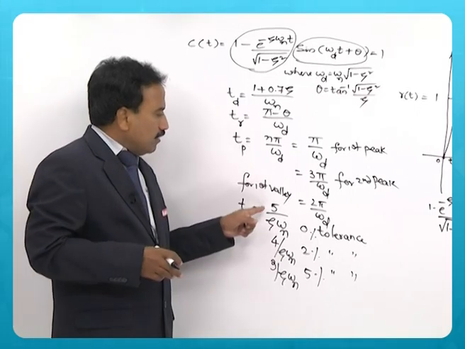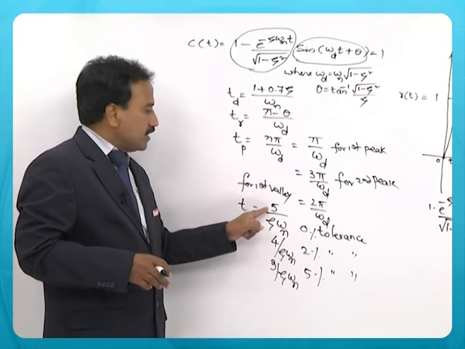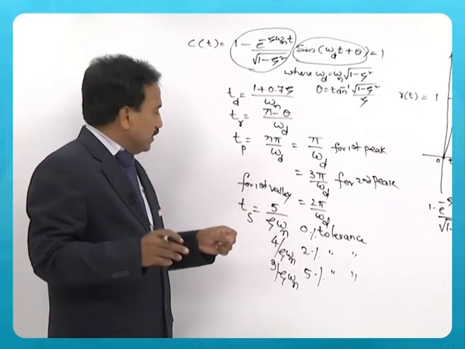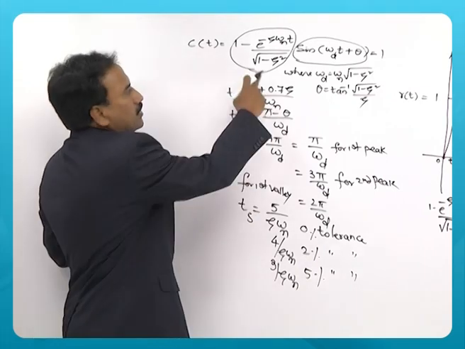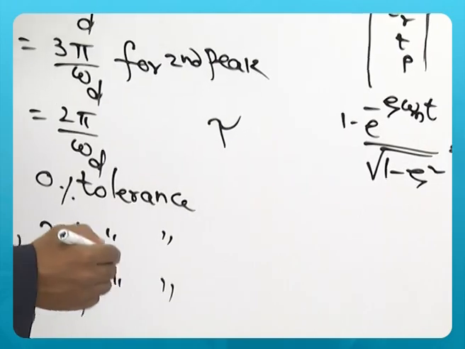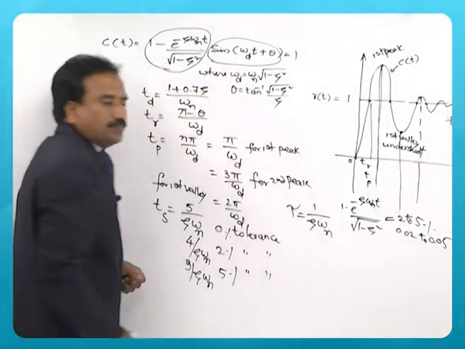So it is taking almost 5 time constants with 0% tolerance. That means I can say that the time constant of this second order system tau is 1 by zeta omega n.